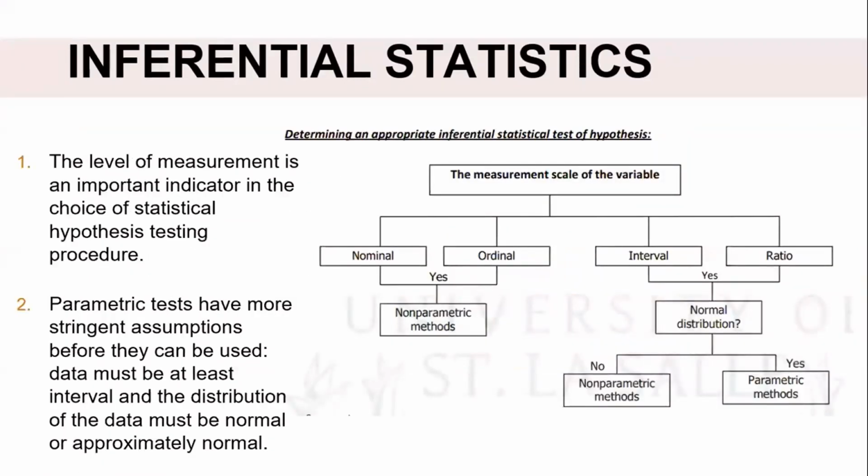Now, it is important to determine an appropriate inferential statistical test of hypothesis. If you look at this diagram, there are actually many ways of determining. It's like a flow chart on what to do. The level of measurement is an important indicator in the choice of statistical hypothesis testing procedure. Is your dependent variable nominal, ordinal, interval, or ratio?